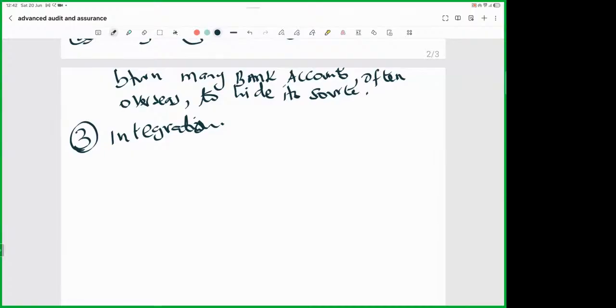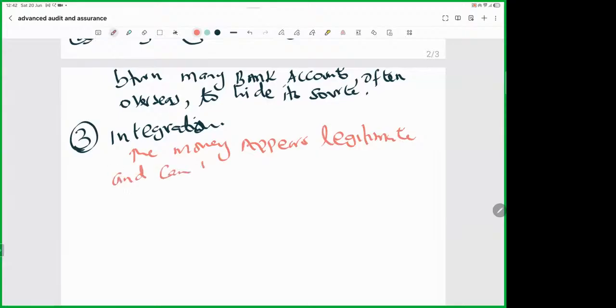And the integration, of course, this money is put within and included in the normal banking system. So integration, ladies and gentlemen: the money now appears legitimate and can be used freely, full stop.